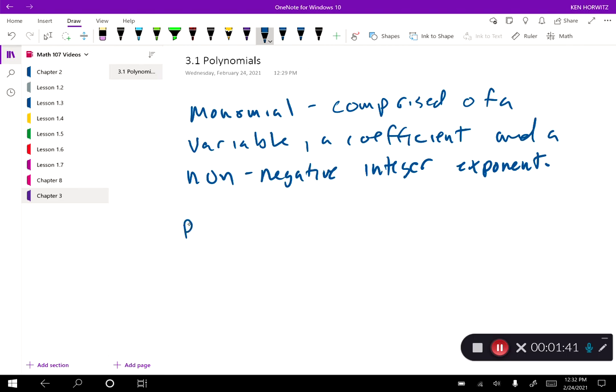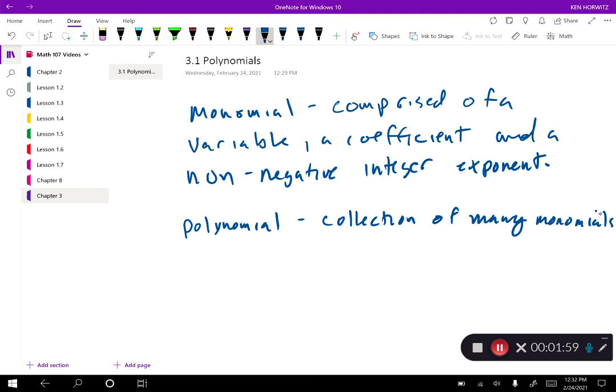All right, a polynomial is a collection of many monomials. So, for example, 3x cubed is a monomial. 2x is a monomial. 3y squared is a monomial.